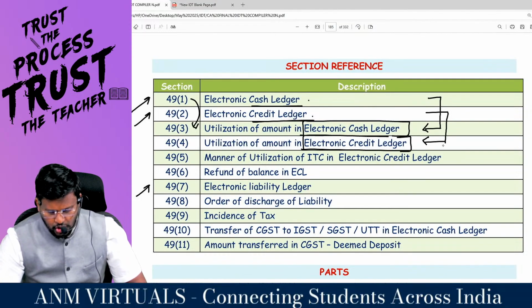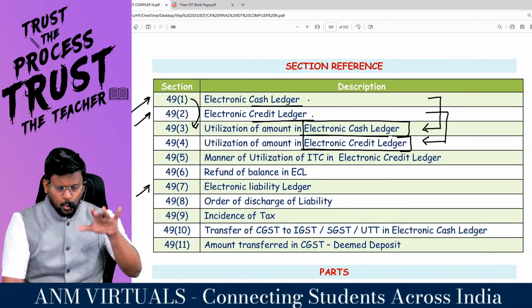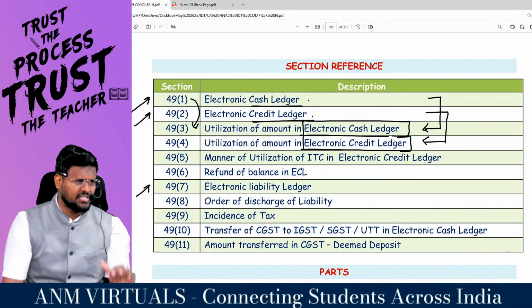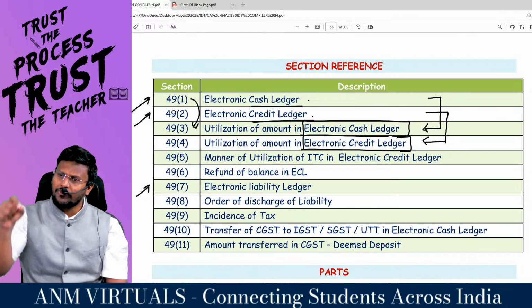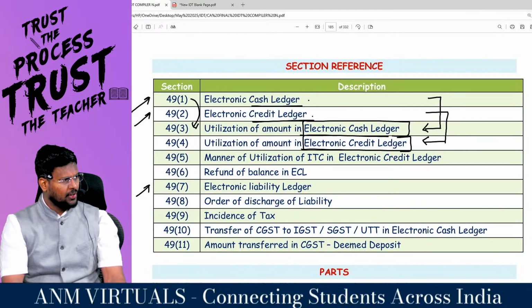So 49 subsection 2 should be read with 49 subsection 4. My purchases may be intrastate purchases or interstate purchases. If my purchases are interstate, I would have paid IGST, so my credit available is IGST.